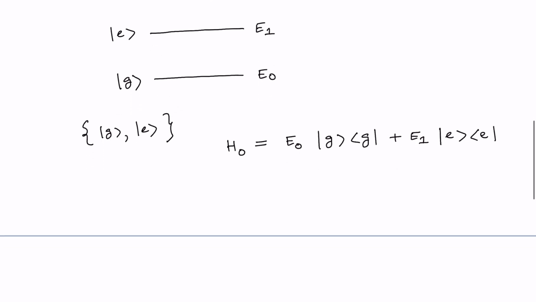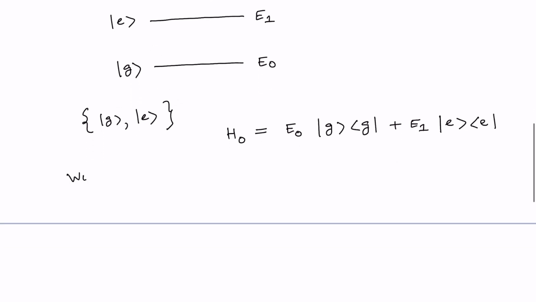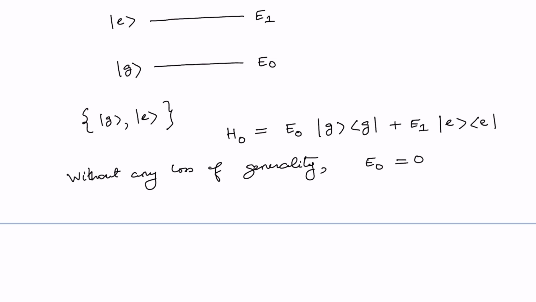Now without any loss of generality, we can consider the ground state energy to be 0 and the excited state energy in that case, in terms of angular frequency, we can write as ħω0, right?